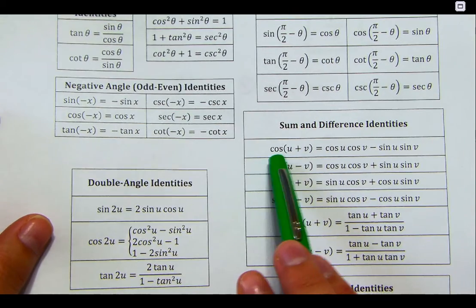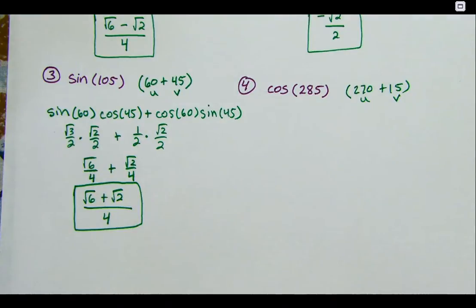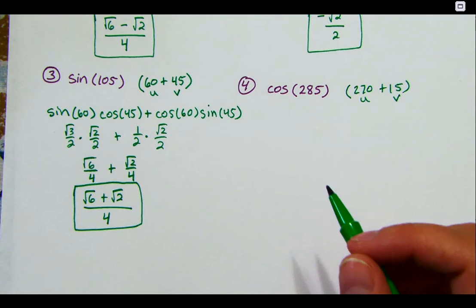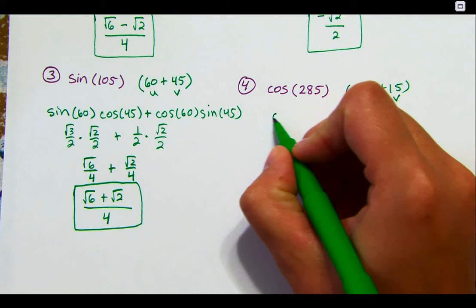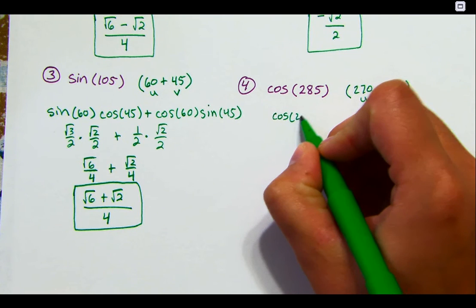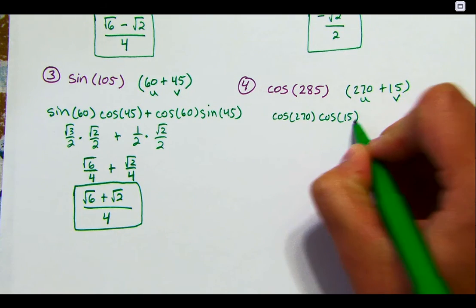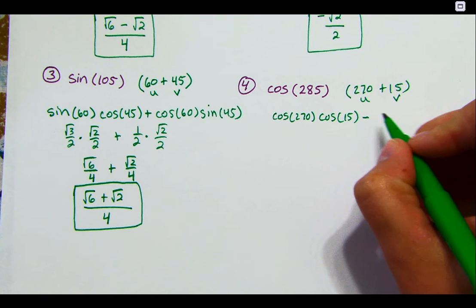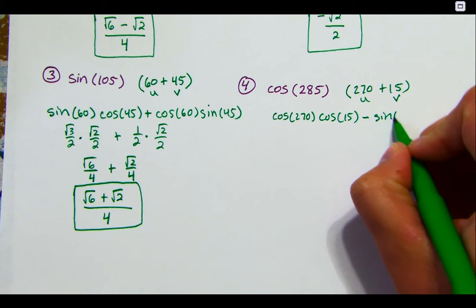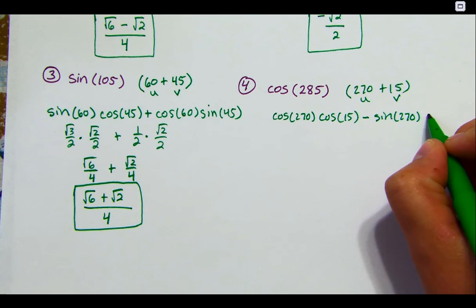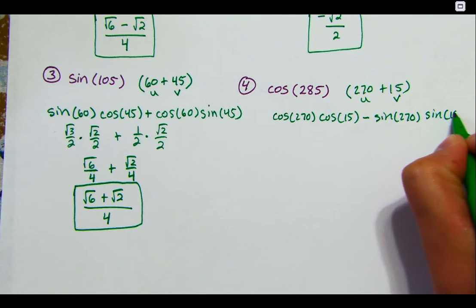So we're using this top formula to plug it into. So this will be cosine 270 times cosine 15 minus sine of 270 and sine of 15.